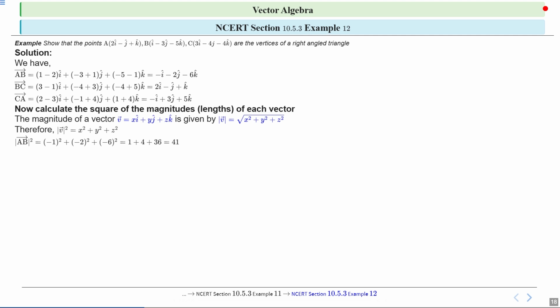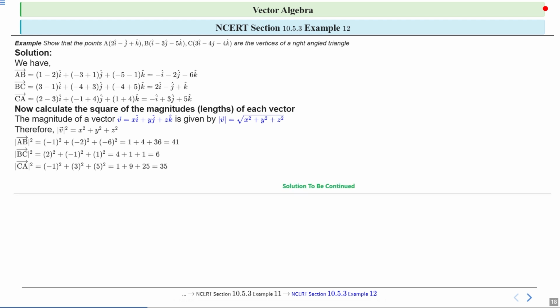Hence, magnitude of AB vector square is (minus 1) square plus (minus 2) square plus (minus 6) square, which is 1 plus 4 plus 36, equal to 41. Magnitude of BC vector square is 2 square plus (minus 1) square plus 1 square, which is 4 plus 1 plus 1, equal to 6. And magnitude of CA vector square is (minus 1) square plus 3 square plus 5 square, which is 1 plus 9 plus 25, equal to 35.